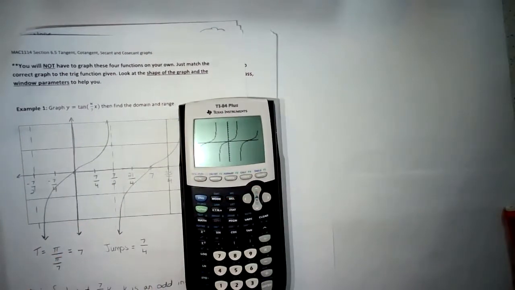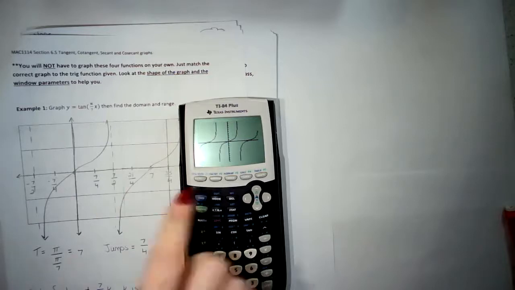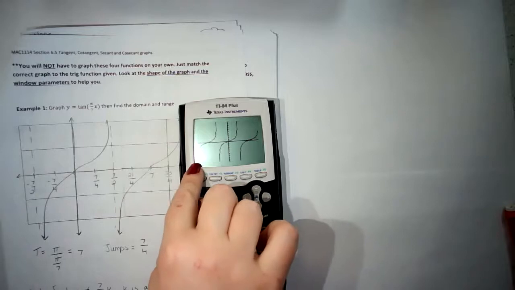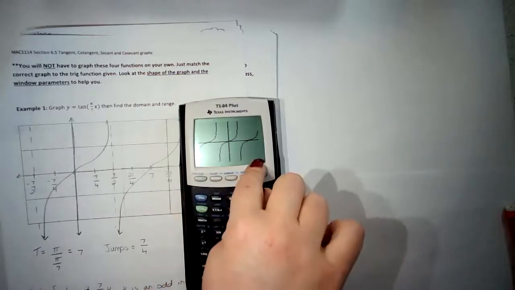So on your test, what you could do if you wanted is go through all this work we did where we come up with amplitude and period and jumps, and you draw it yourself and match your picture to my picture, or you can just put it right in here in radian mode, whatever it is. And we'll practice doing that.